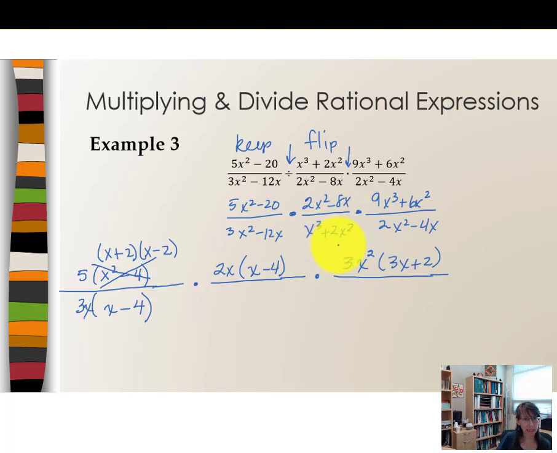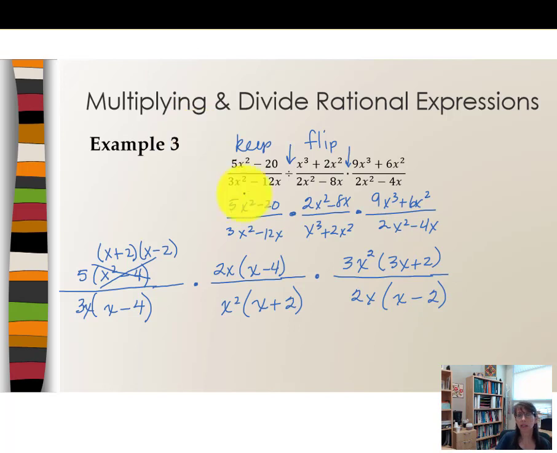In our second rational expression, there's not going to be a common coefficient, but they both do have at least x squared. That would leave x plus 2 in the quantity. Finally, our last denominator, 2x squared minus 4x, looks like they have at least 2x in common, and that would leave x minus 2 in the quantity.